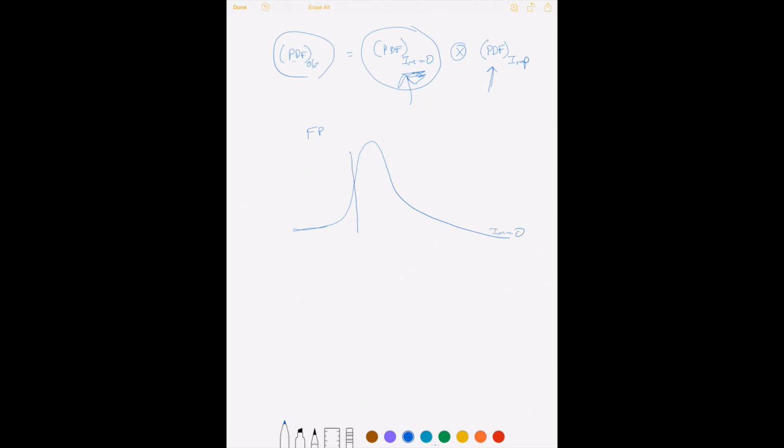Here's our cutoff. And we can ask what happens to the distribution when the imprecision is not 0 in relationship to the cutoff.